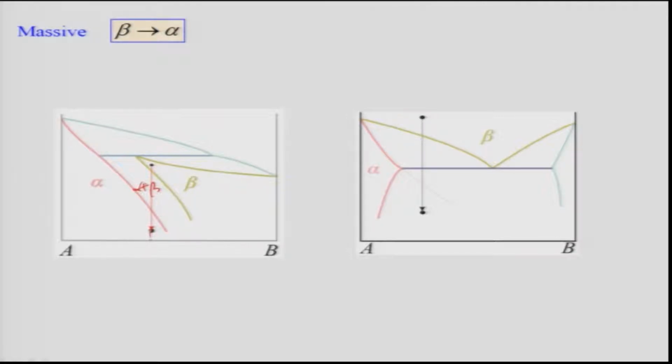This is seen in many cases. This is the peritectoid system. You can also have such a transformation in a eutectoid system, like beta going to alpha, although you should have gone to alpha plus beta, but this is metastable. Remember that, because we are extending this line as a dotted line in the phase diagram, that is equivalent to a metastable system. So, you can also have a supersaturated alpha forming out of beta.